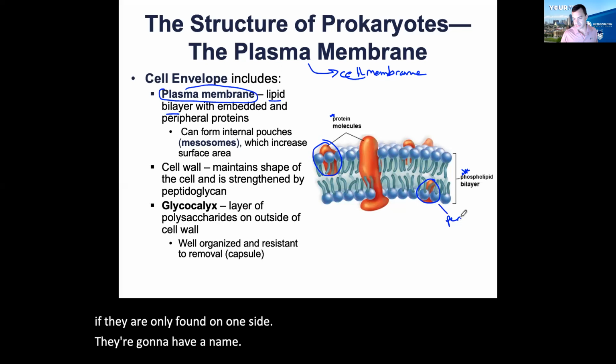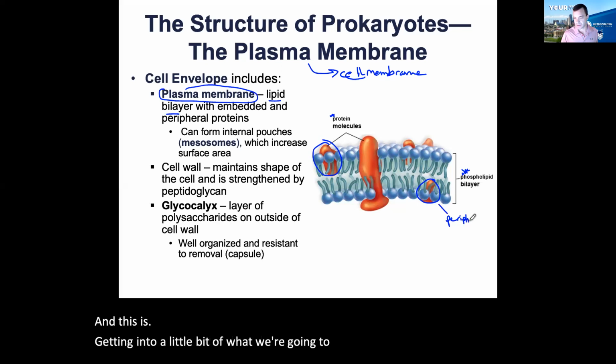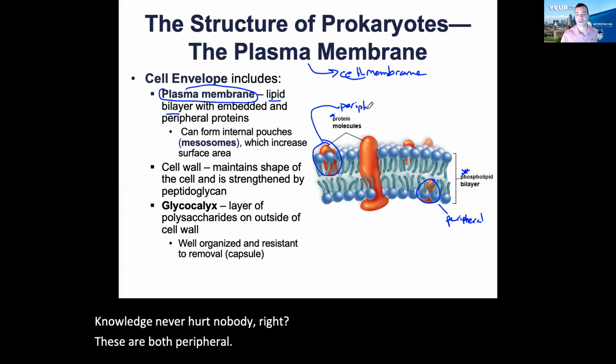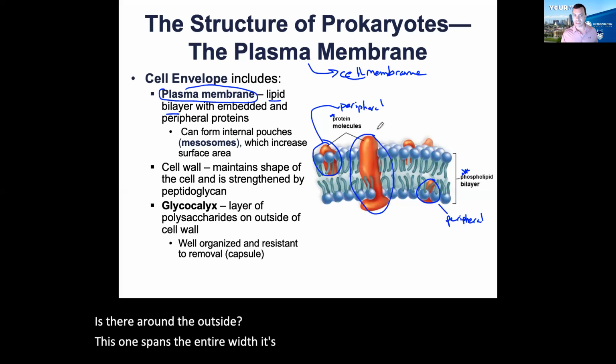This is getting into a little bit of what we're going to talk about in chapter 5, but knowledge never hurt nobody, right? These are both peripheral because they're around the outside. This one spans the entire width. It's integrated within this phospholipid bilayer.